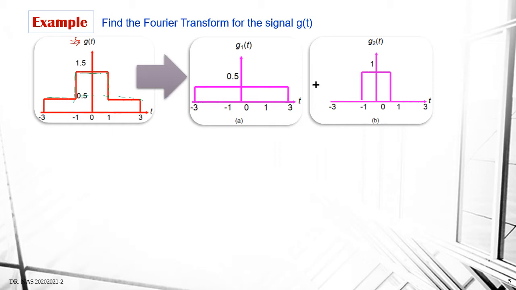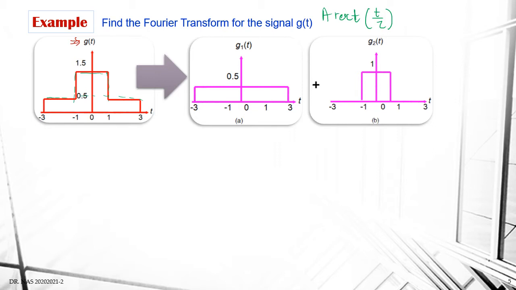How do we use Fourier transform in order to solve this? You need to refer to the table, basically to the rectangular function. If you remember the basic equation of the rectangular function, it is A rect(t over tau). A is the amplitude of the rectangular and tau is the width of the rectangular.